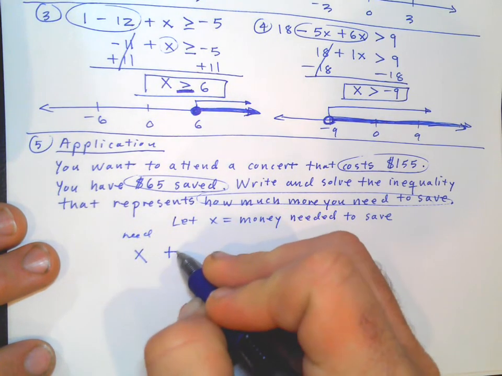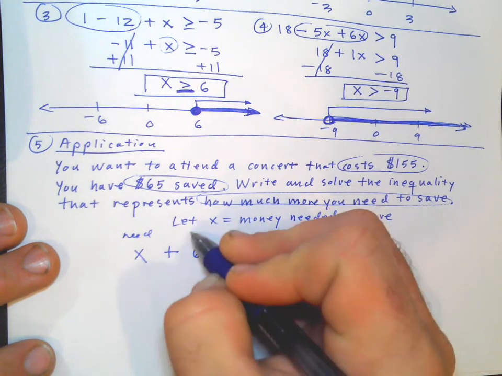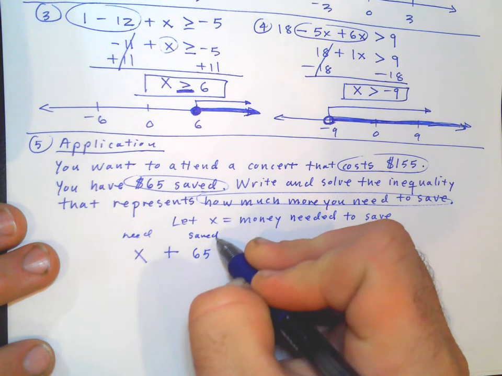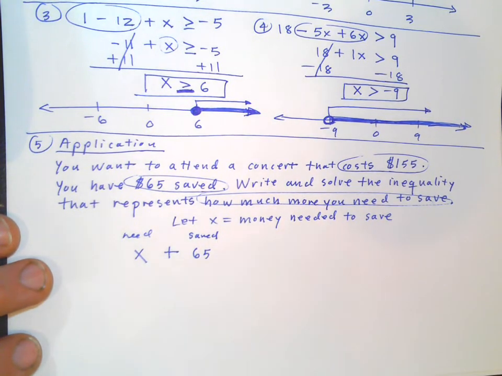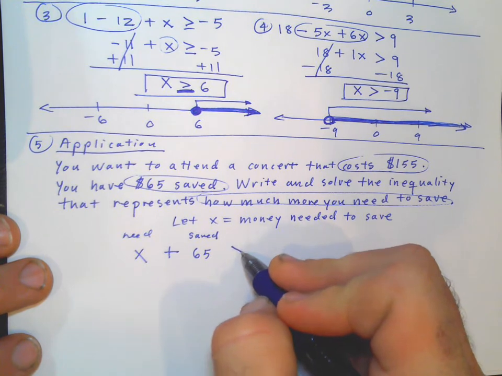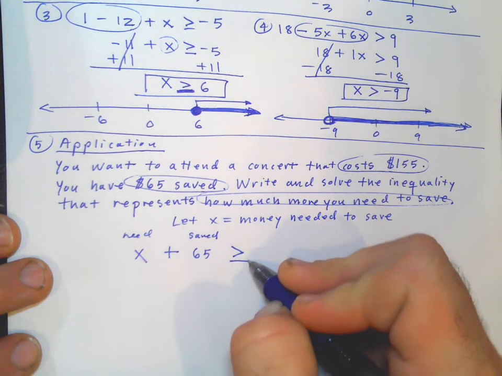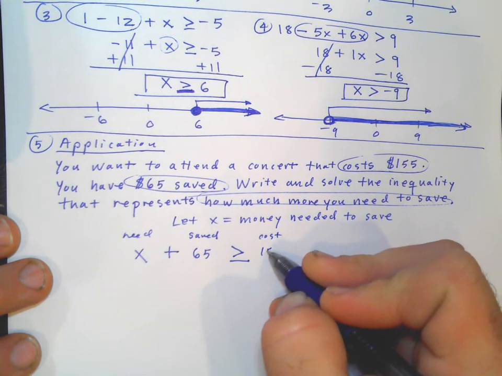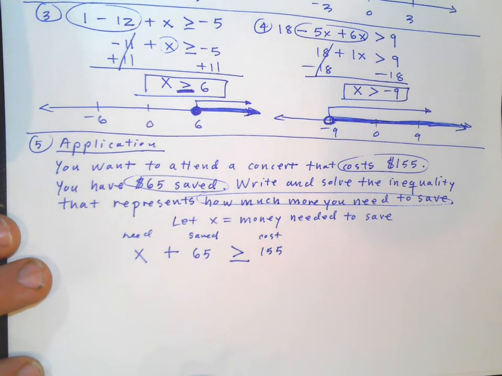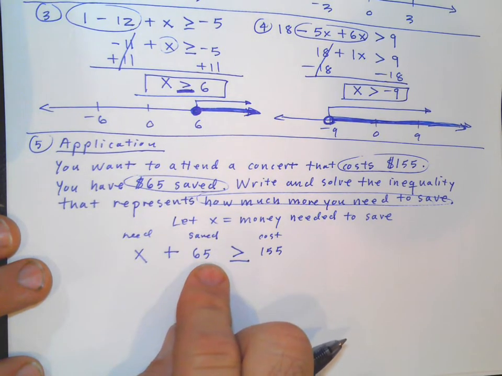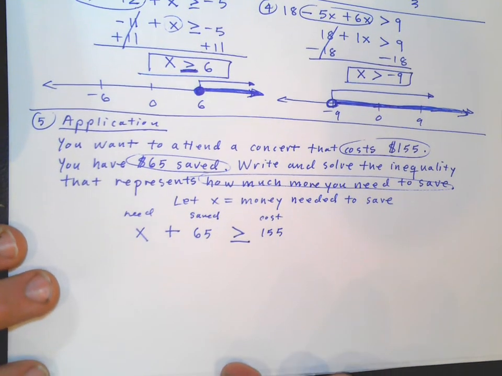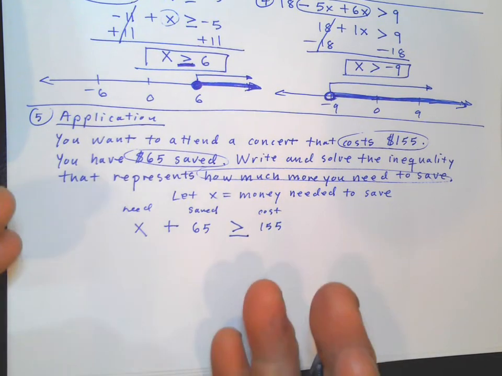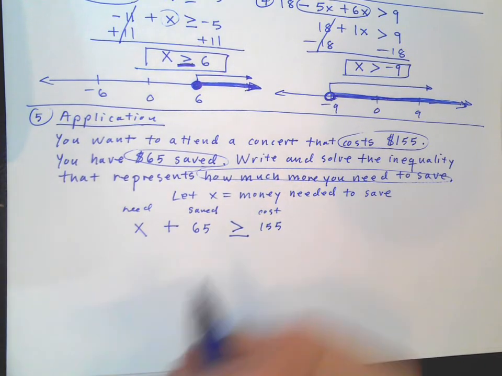Plus how much you already have saved, right? And it needs to come out to greater than or equal to the total cost of the ticket, which was $155. Right? What you need plus what you have should come out to more than the total cost. So we've written the inequality, and now we're going to solve it.